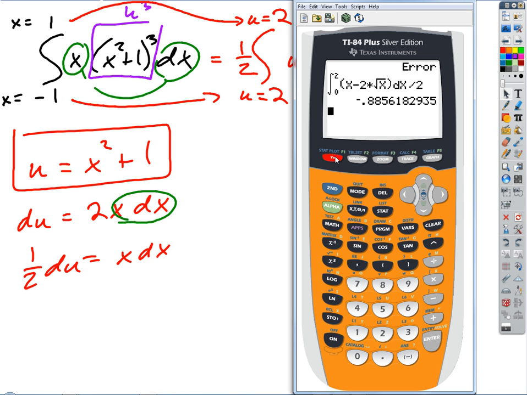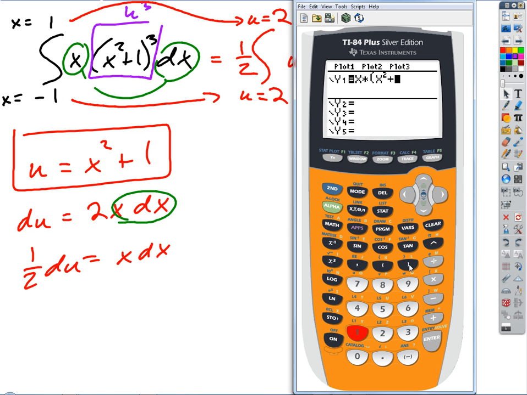We'll go up to y equals, and look at the area under the curve. So y1 is going to equal that function: x times the quantity x squared plus 1 cubed. Let's graph that, and we're only looking from negative 1 to 1.